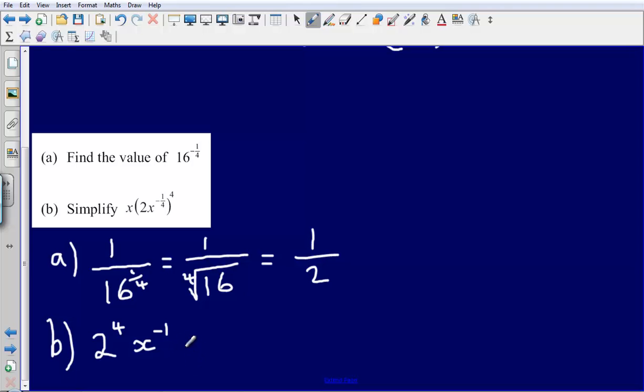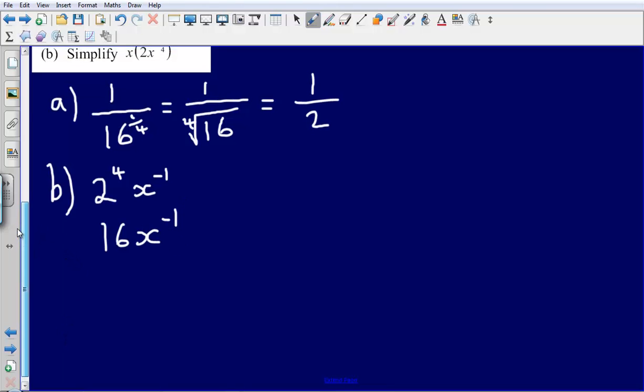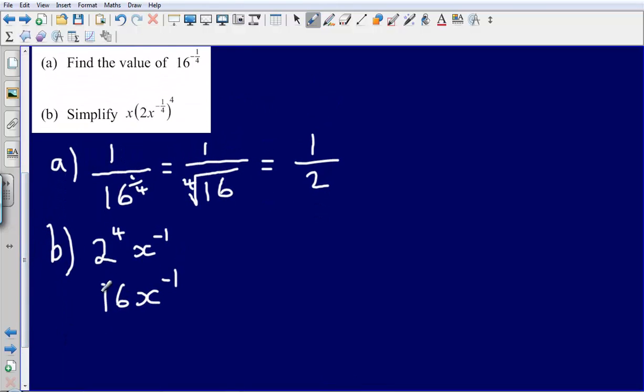So what I could say is that the part in the bracket is 16x to the minus 1. So we've dealt with the part that's in the bracket, and I'm just going to put that in brackets now, because remember at the beginning we had x outside the brackets, then this bit here.